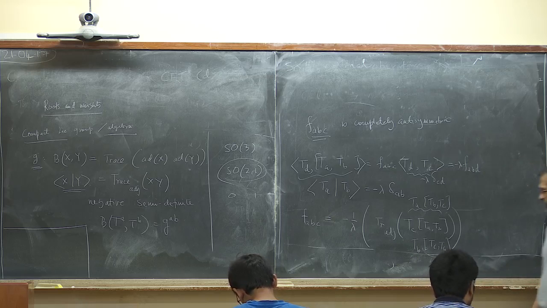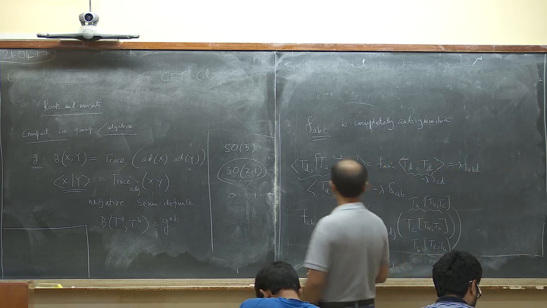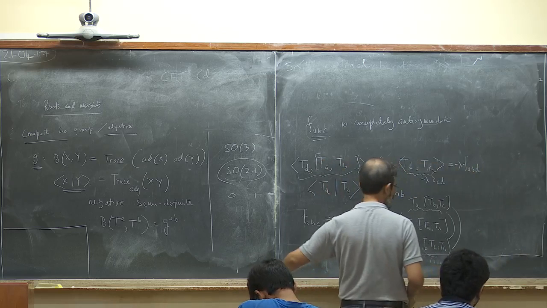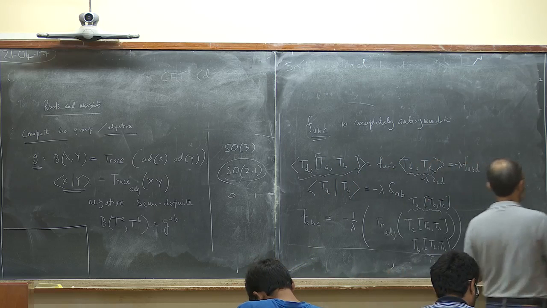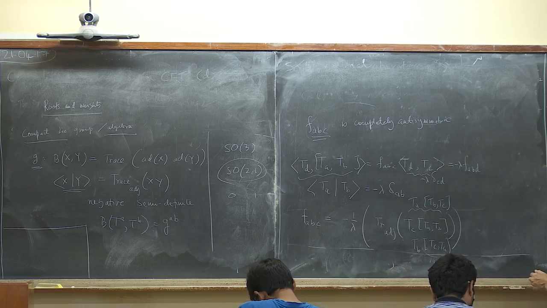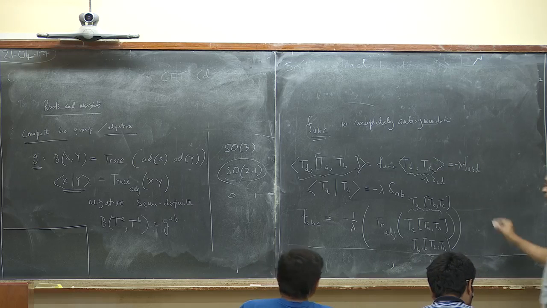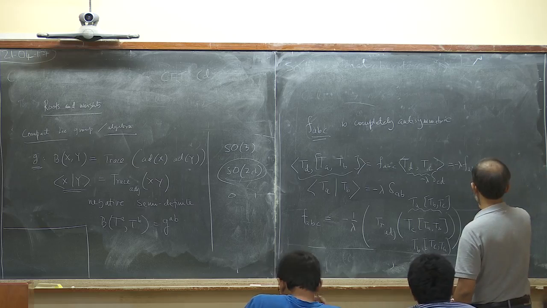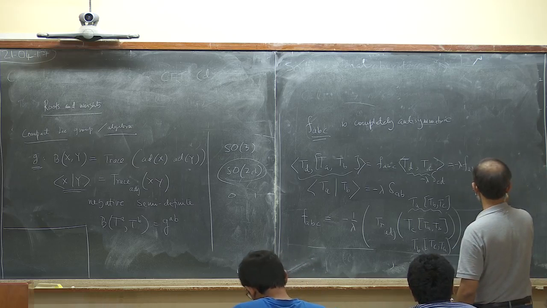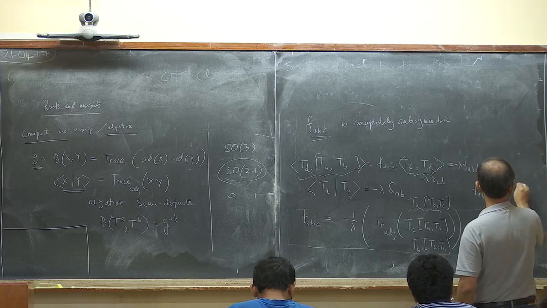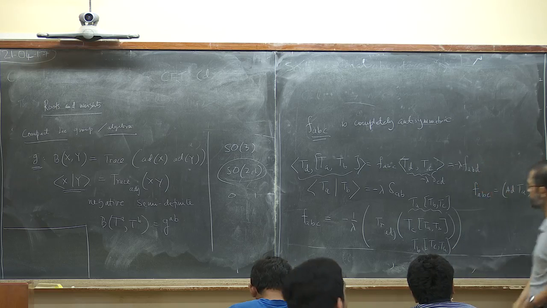What is the big deal of that? The big deal is that the f_ABC matrices are the adjoint representation matrices. So f_ABC is the same as (ad T_A)_BC.